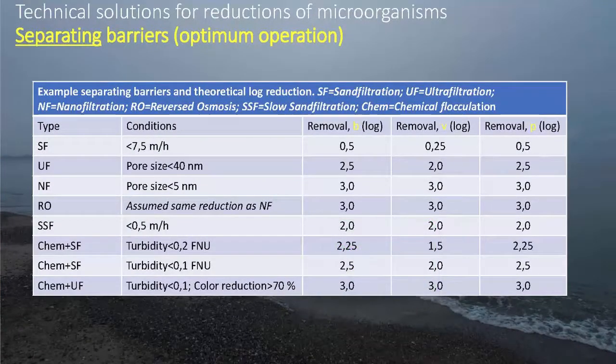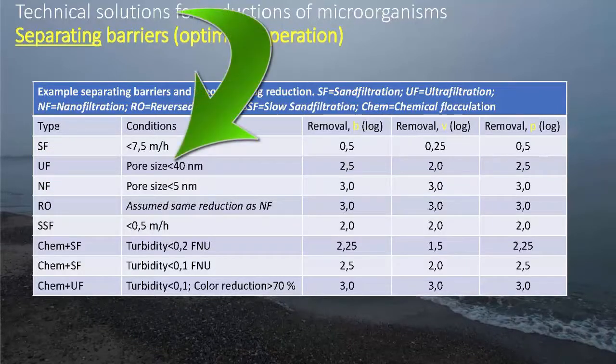In this table you will see different types. You have, for example, UF, which is ultrafiltration. With an ultrafiltration unit, you will need a pore size less than 40 nanometers.